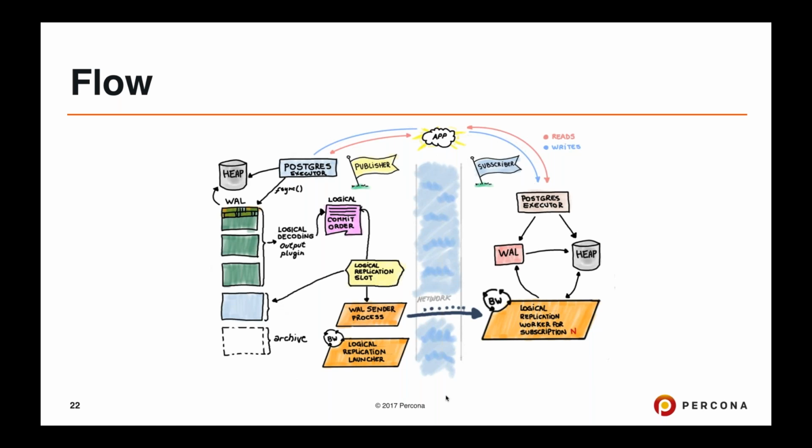There is a worker in charge of streaming this from the origin to the slave, which is called the WAL sender process. It can be confusing because the WAL sender is also used for streaming replication, but in this particular case, the WAL sender sends the logical changes.